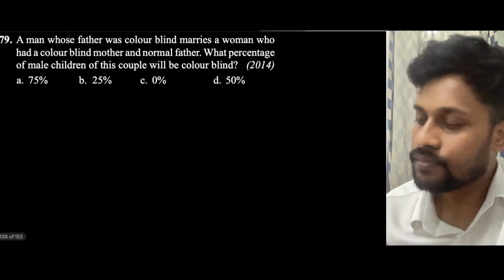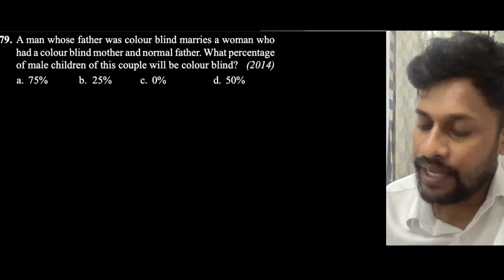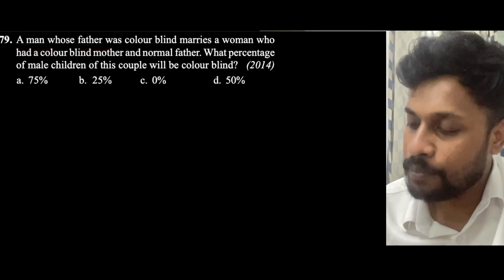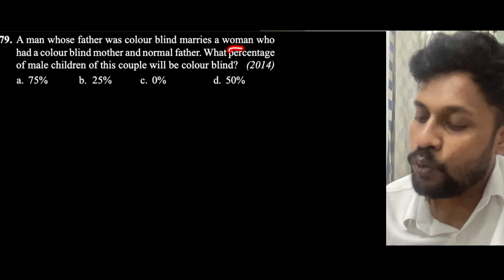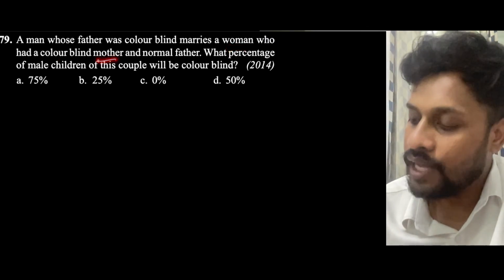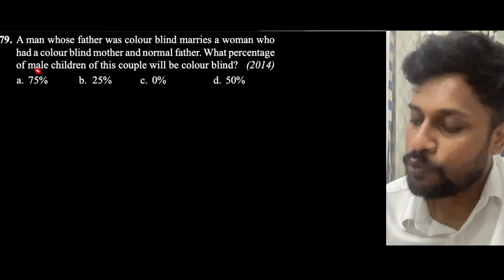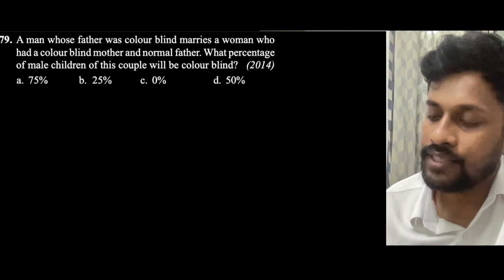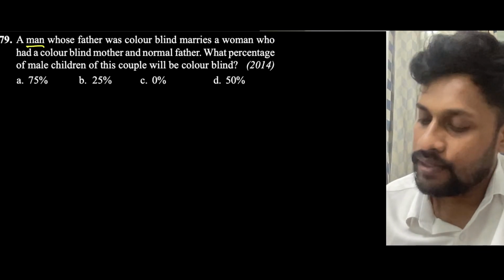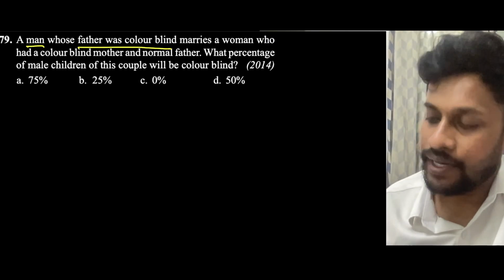Okay. Now 79. A man whose father was colorblind marries a woman who had colorblind mother and normal father. What percentage of male children of this couple will be colorblind? Let's see. A man whose father was colorblind.